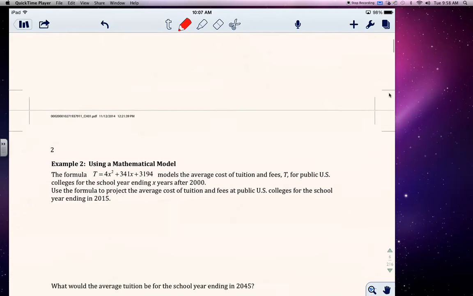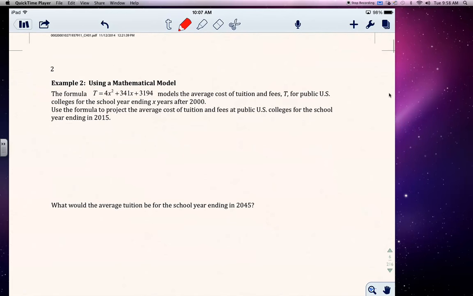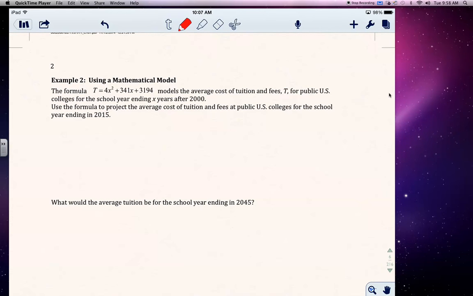Okay, this is example 2. The formula T equals 4x squared plus 341x plus 3,194 models the average cost of tuition and fees, T, for public U.S. colleges for the school year ending x years after 2000.